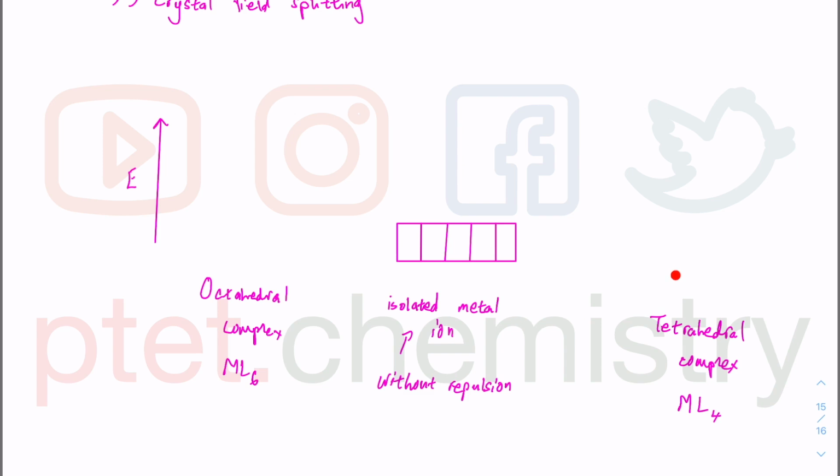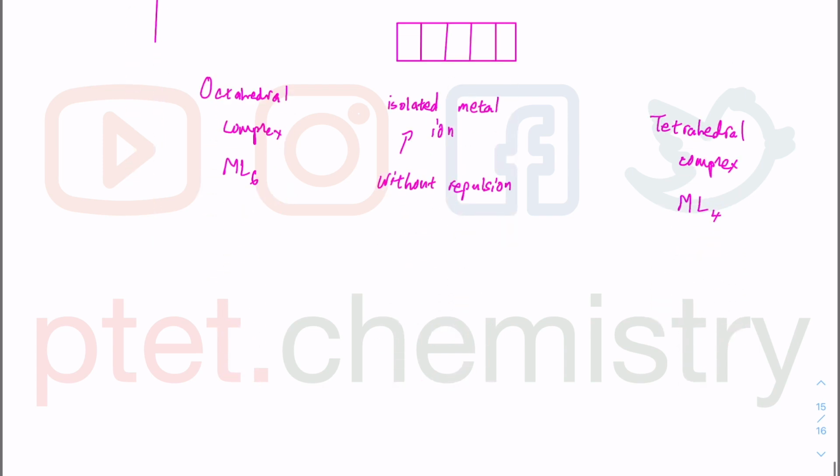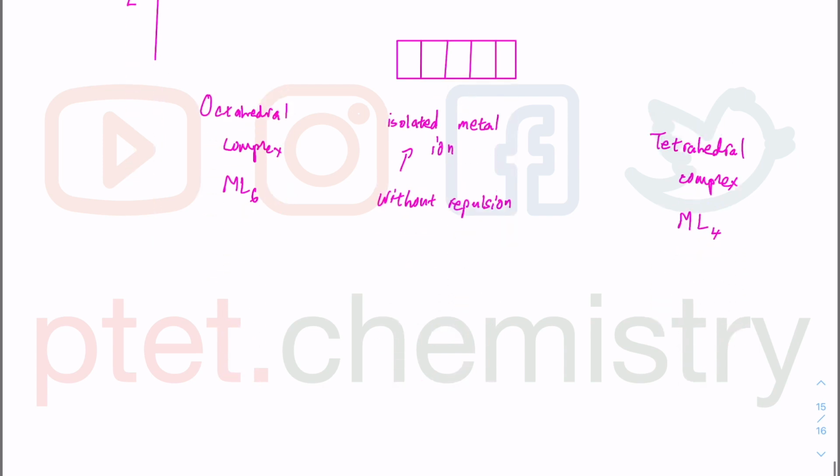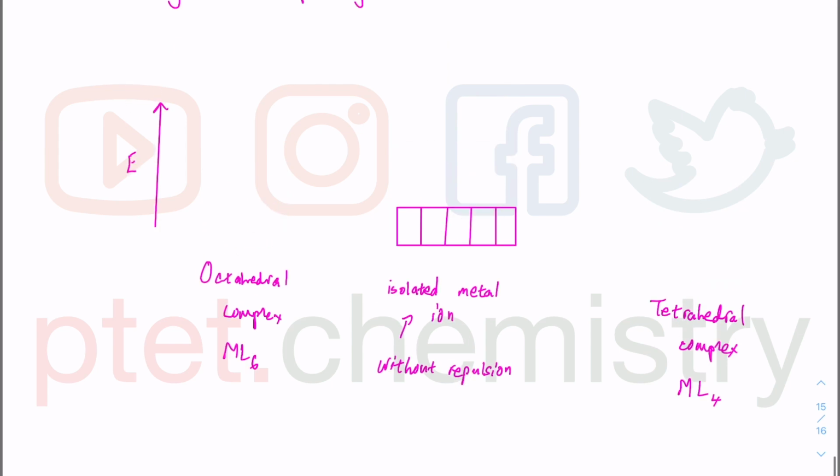So we know that you have 3:2, and the ones that get destabilized a lot more will be the ones that repel a lot more.